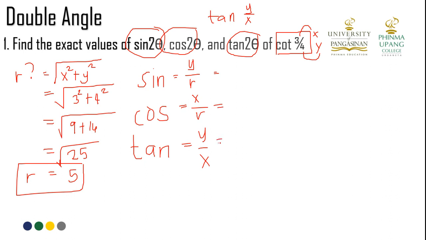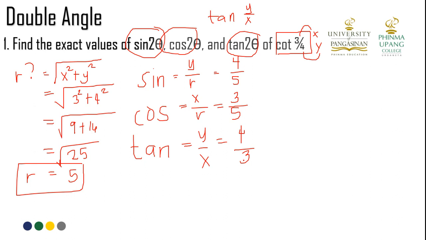So let's substitute again: y is 4, r is equal to 5, and x is equal to 3. Tangent is 4 all over 3. So these are the 3 trigonometric functions na kailangan natin malaman because kukunin natin yung double angle niya.